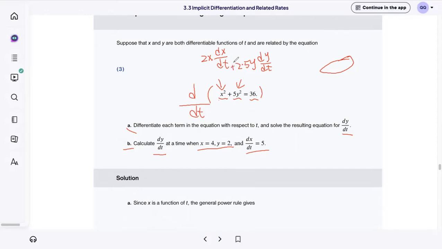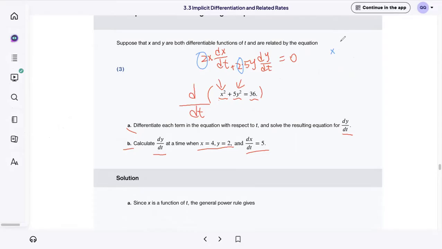Then we add those two. The derivative of 36 with any variable will be 0. So that equals 0. All right, let's simplify this a little bit. So 2 is here, 2 is here, so we can divide by 2.